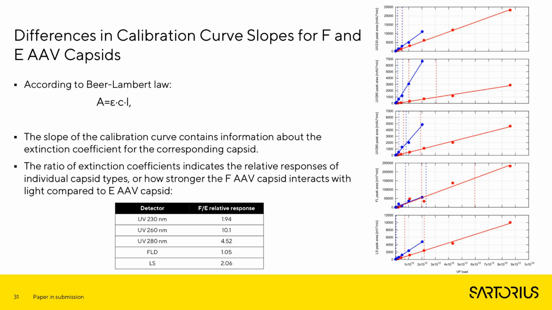For 280, this absorption is 4.5 times stronger. Fluorescence gives us the same response, and light scattering is again 2 times stronger compared to the empty capsids.